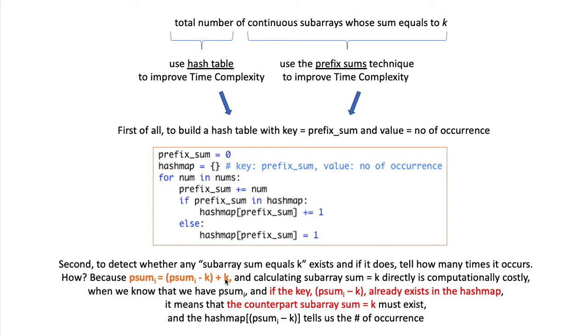This property suggests that instead of directly computing the subarray sum equal to k, which is computationally very costly, when we know that we have prefix sum i, and if the key prefix sum i minus k already exists in the hash map, it means the counterpart subarray with sum equal to k must exist, and the hash table value for prefix sum i minus k will tell us the number of occurrences.